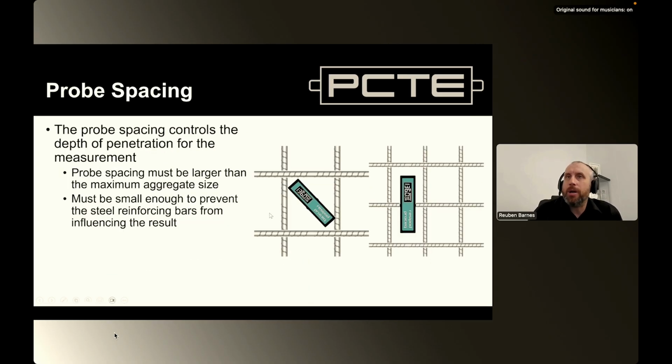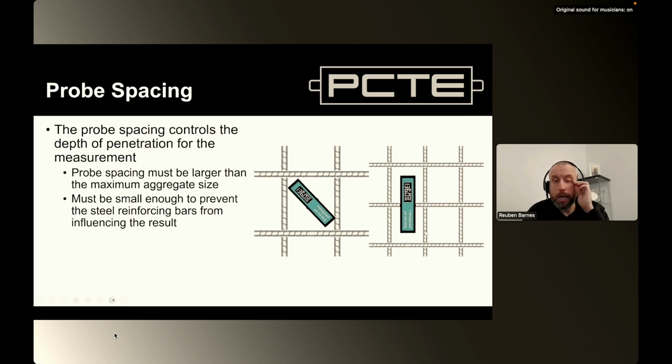And so that's not an ideal circumstance. Ideally, we want to miss the reinforcing if we can. So if we imagine just a standard grid of reinforcing, the longest point within that is obviously going to be diagonal. And so if we could place our resistivity meter within that square or rectangle on an angle, not encountering any reinforcing, that's the ideal setup.